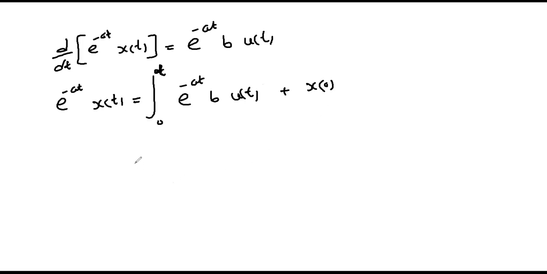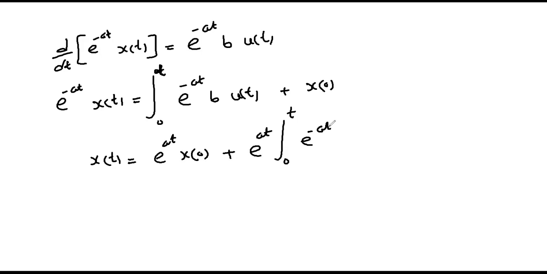If we want to get x of t, we divide both sides by exponential negative at to get x of t will be equal to, I'll start with this term. If I divide by exponential negative at, it will be exponential at x of 0 plus, then this term will be exponential at the integral from 0 to t of exponential negative at b u of t dt.